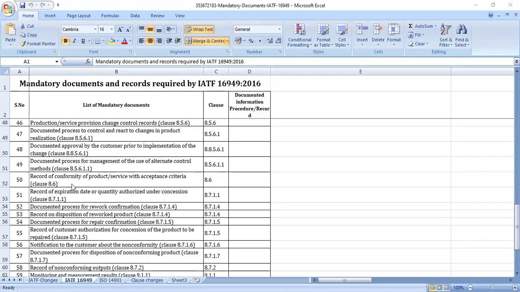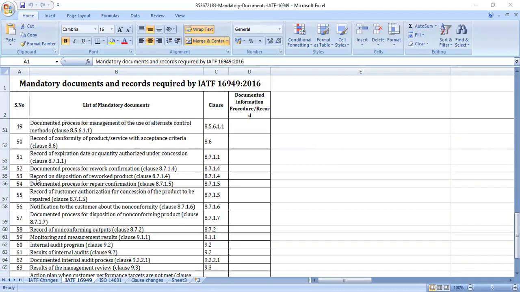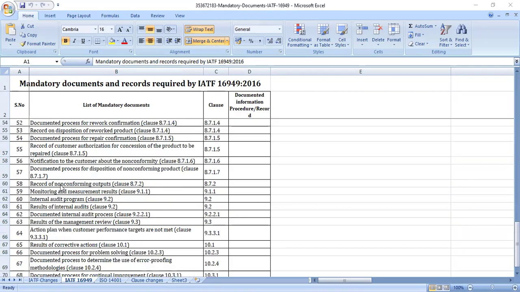50. Record of conformity of product/service with acceptance criteria. Subclause 8.6. 51. Record of expiration date or quantity authorized under concession. Subclause 8.7.1.1. 52. Documented process for rework confirmation. Subclause 8.7.1.4. 53.